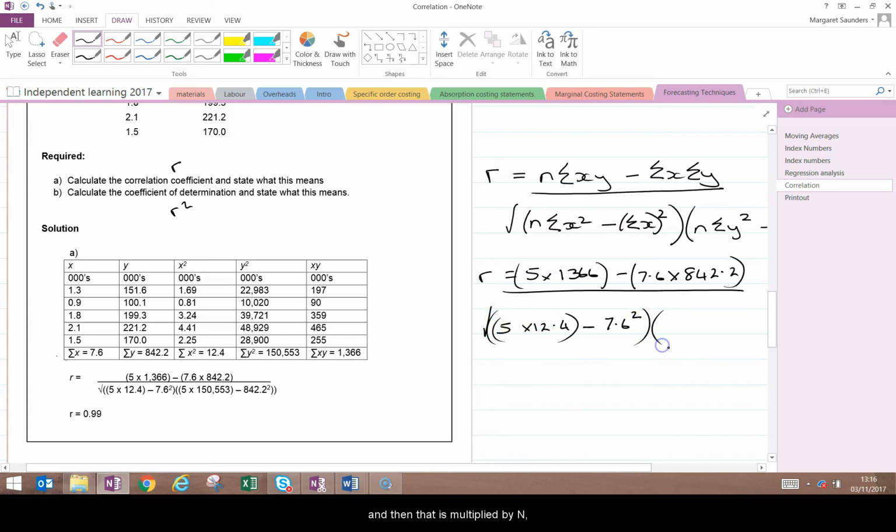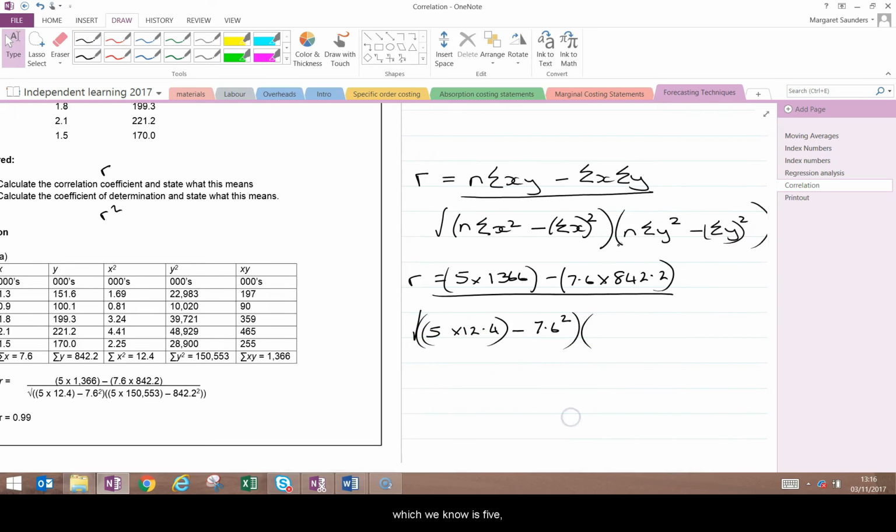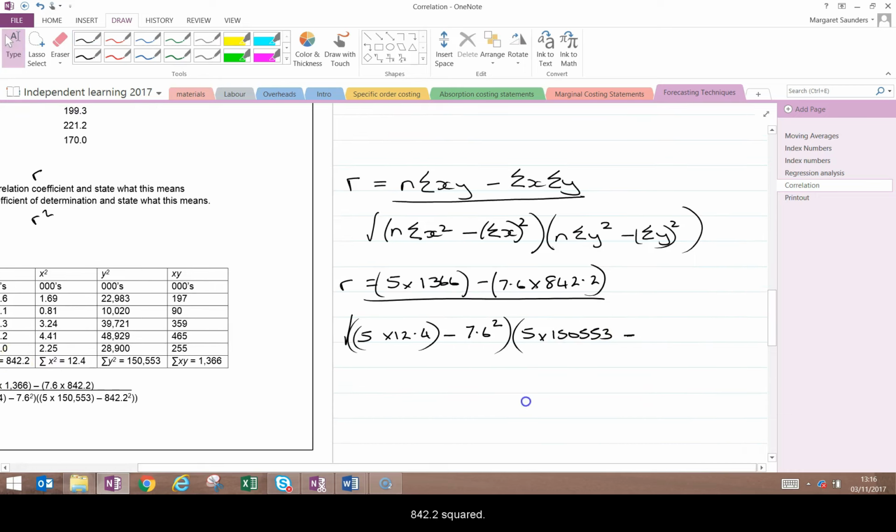And then that is multiplied by n, which we know is 5, times sigma y squared, 150,553, minus sigma y squared, 842.2 squared. And then the whole of that is square rooted.